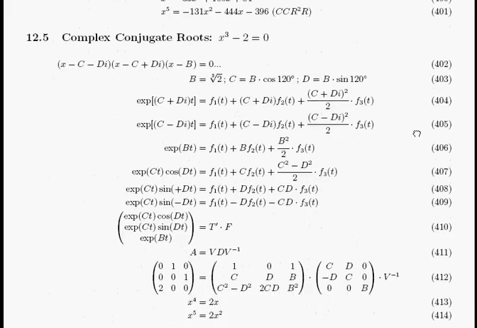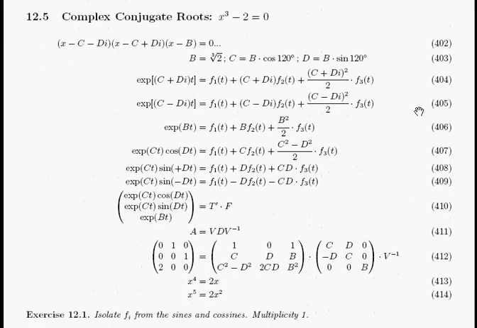Now the next case, conjugate complex roots, the cubic roots of 2. One is this cubic root of 2 real, and the other two are b times a unitary and b times unitary conjugated.